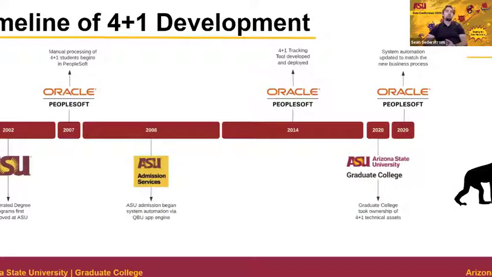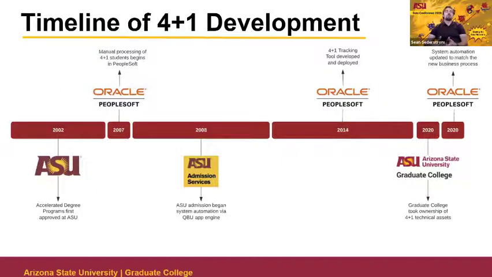So 4+1s were actually first introduced at ASU in 2002, which is earlier than I realized until I began researching for this presentation. So they've been around for some time now. The technical implementation first began in 2007 in PeopleSoft, which was when PeopleSoft was introduced at ASU.